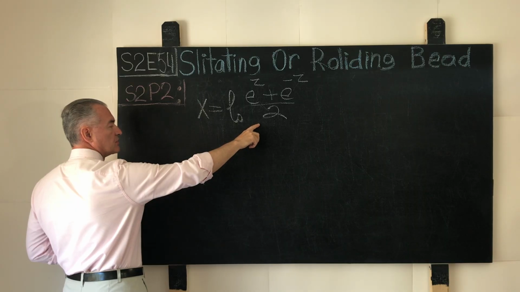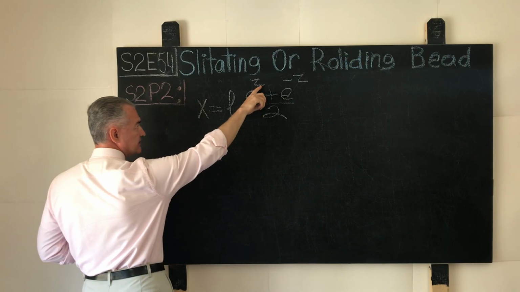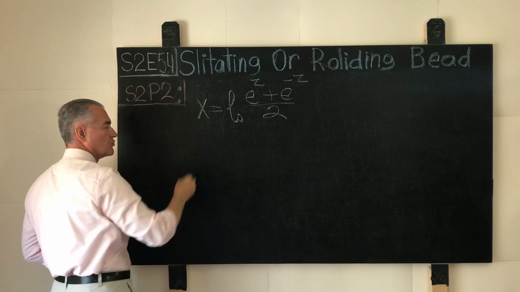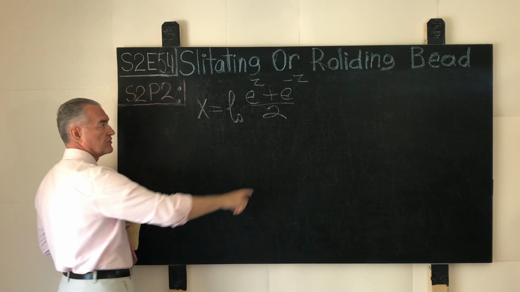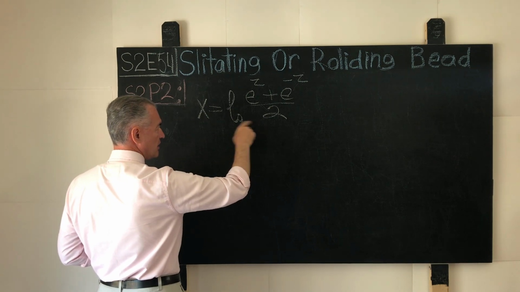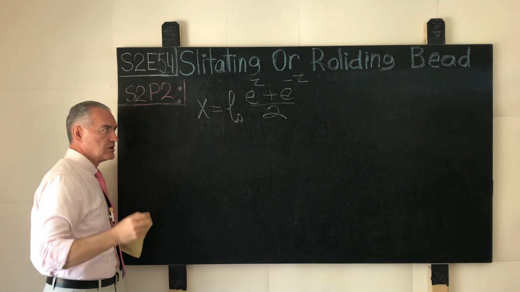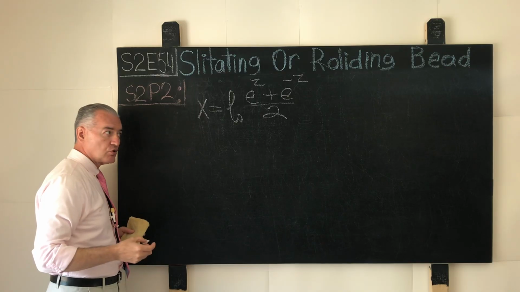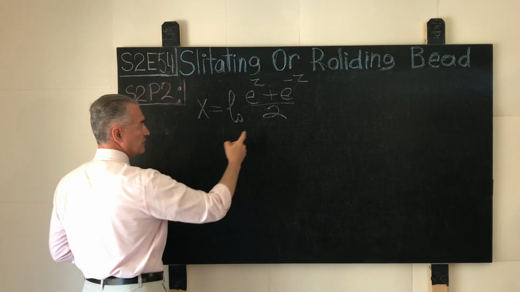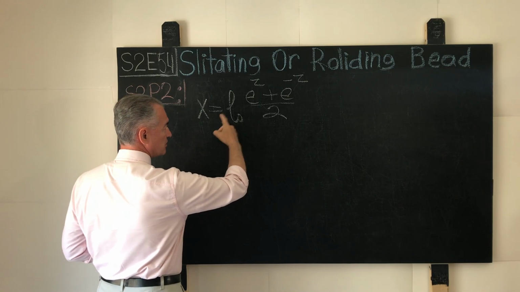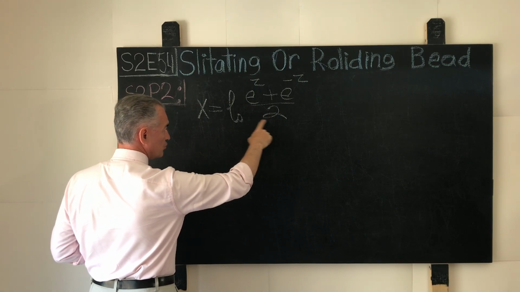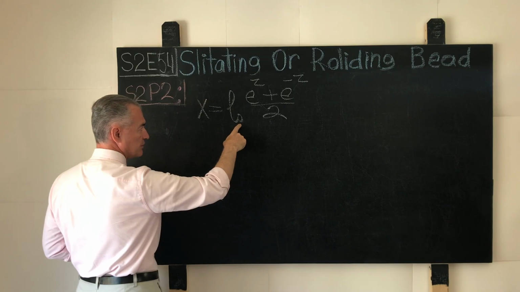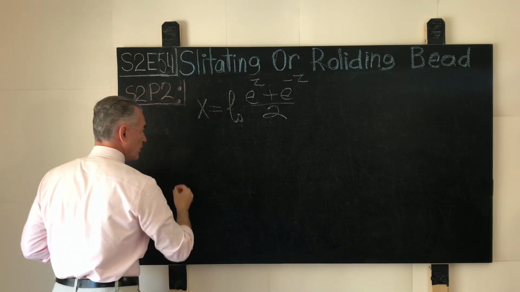The objective now is to express z as a function of x, or technically we need to find the inverse function of the hyperbolic cosine. The way we do it, you should be able to do on your own. This is not complicated, but the arithmetic here is as follows. We multiply this relation over here through by 2 and divide it by L0. L0 is not 0, and what will we have?